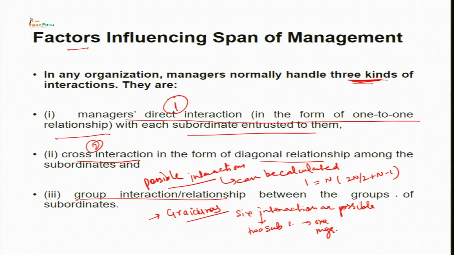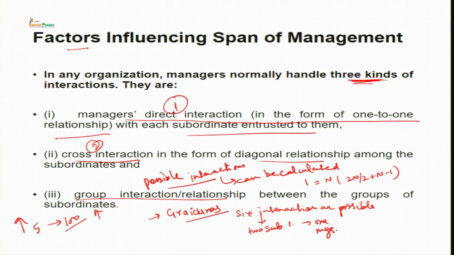When the number of subordinates is increased, say for example to 5, then the number of possible interactions can become 100. So, this clearly shows the direct relationship between the number of subordinates and the complexity of the relationship. As the number is increasing, the complexity of the relationship is also increasing.